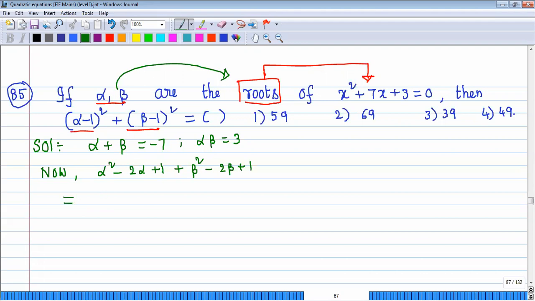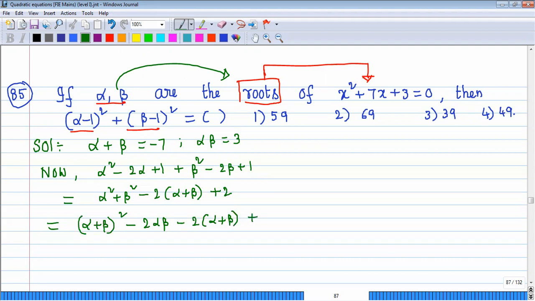Let us rearrange: alpha square plus beta square minus 2 common, alpha plus beta and plus 2. Again, alpha square plus beta square we can write as alpha plus beta whole square minus 2 alpha beta, minus 2 times of alpha plus beta plus 2.